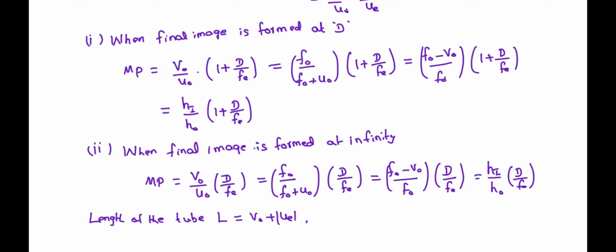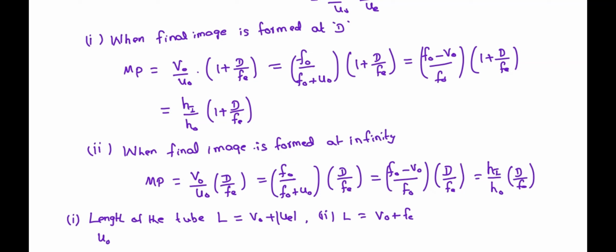This is for the first case, and for the second case the same tube length is equal to v0 plus fe. We can use the sign convention while solving numericals.